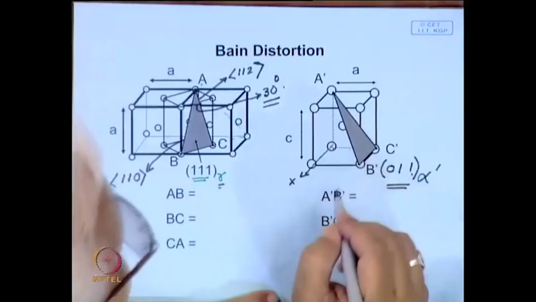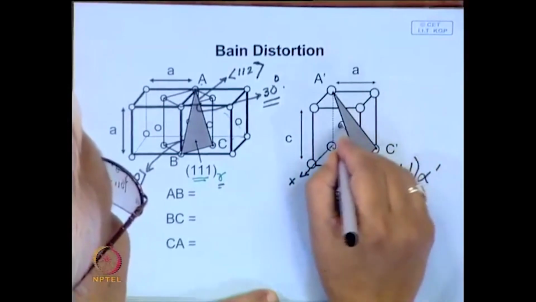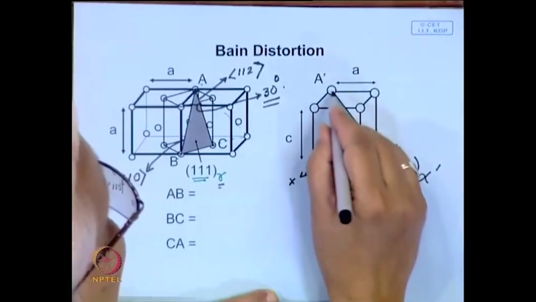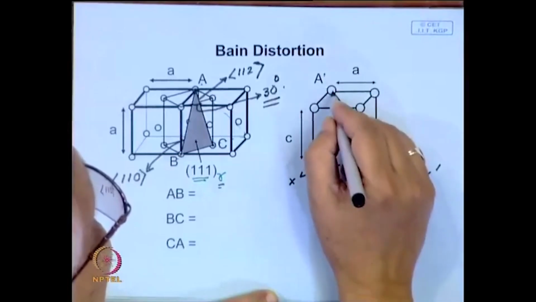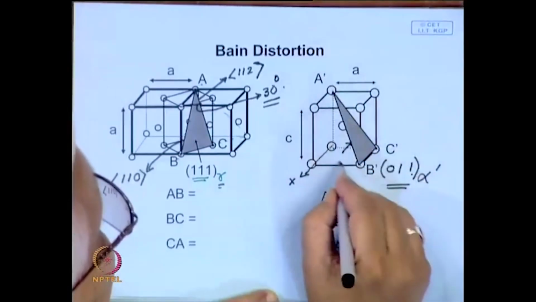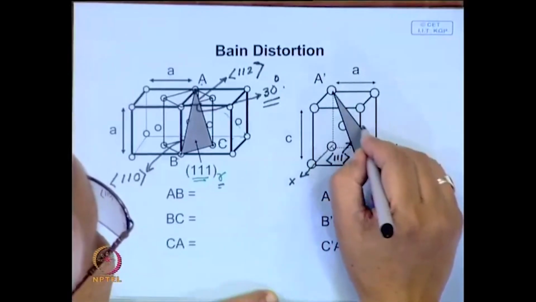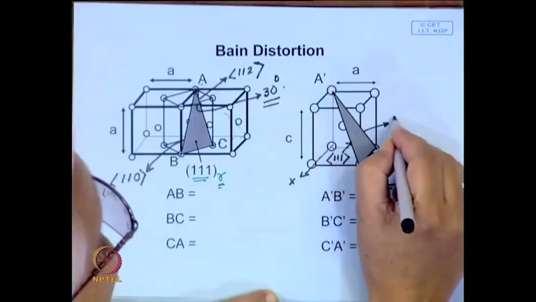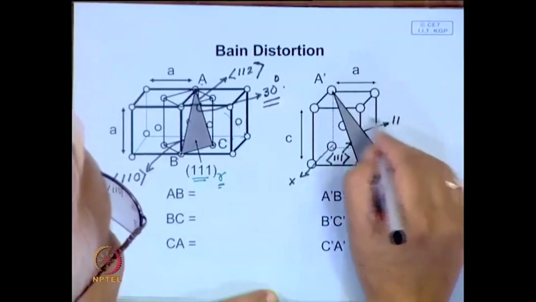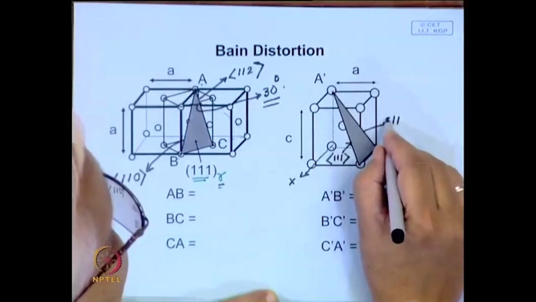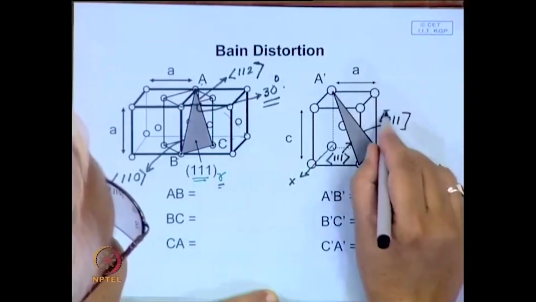Same thing you do over here, find out this. So, what is this? This is two diagonally placed points joined. So, this is a 1-1-1 type direction, whereas this is a 0 1 1 direction.